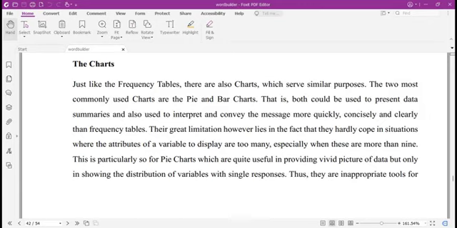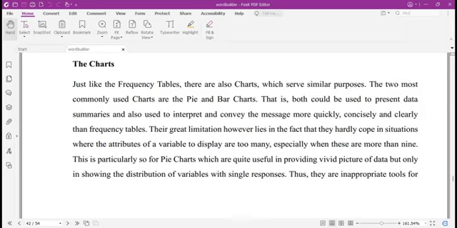Unlike the frequency table where you work with figures and figures, here you just look at it. If you're using a pie chart, the pie is in form of a circle. So the size of the sector of the circle will tell you the size of each data group. The same thing with the bar charts.